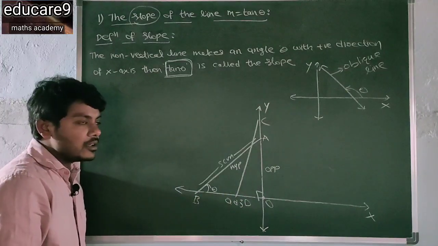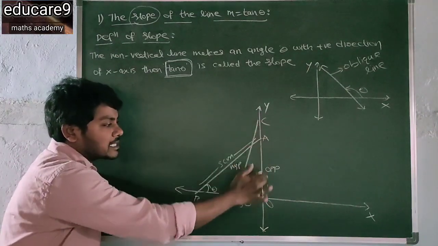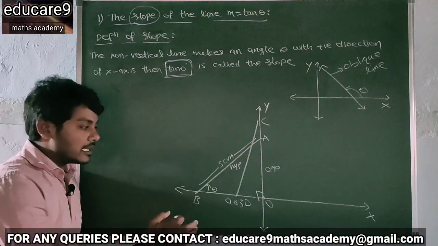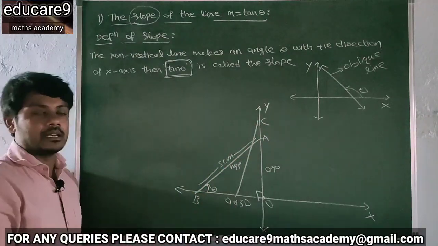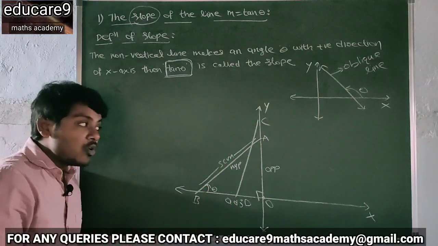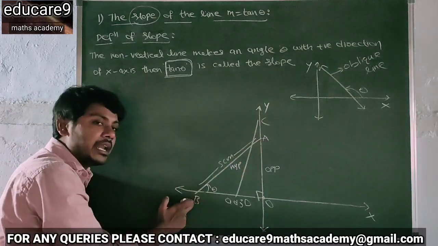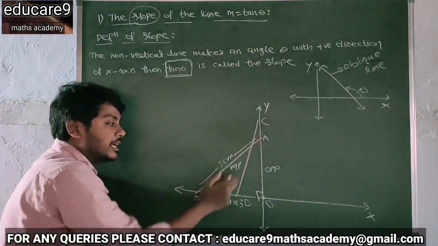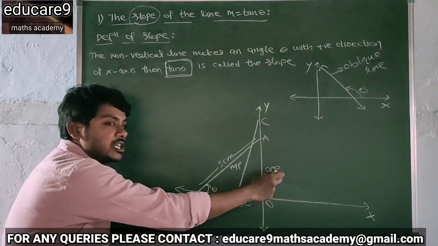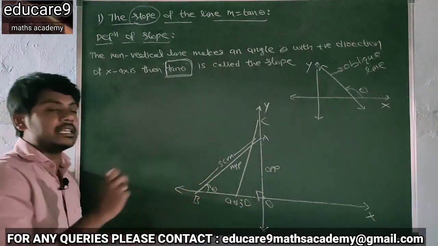So clearly the opposite side increases and the adjacent side decreases, while changing the position of the ladder from AB to CD.